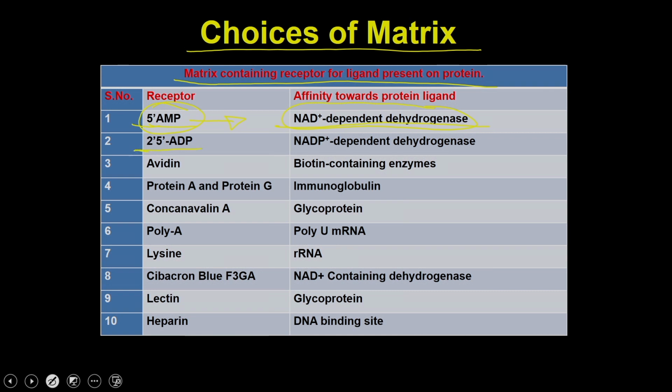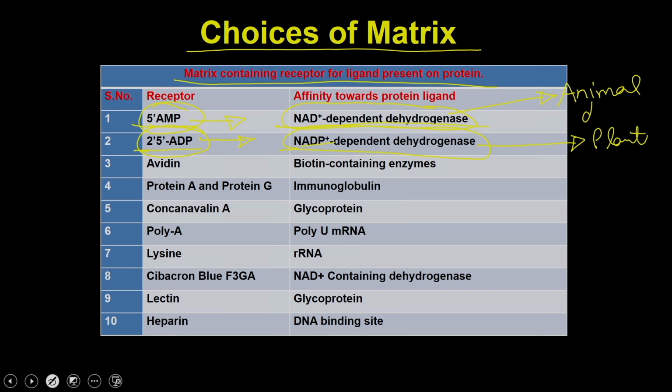Similarly, you have the 2', 5' ADP. If you use that as the receptor, it is going to have affinity for the NAD plus dehydrogenases, which means this is going to allow you to purify the plant dehydrogenases, whereas the previous one allows you to purify the animal dehydrogenases.